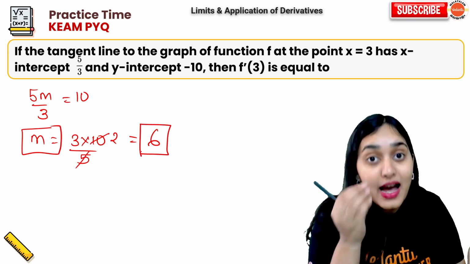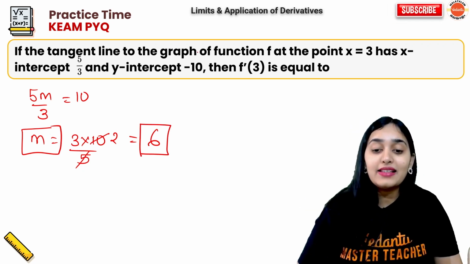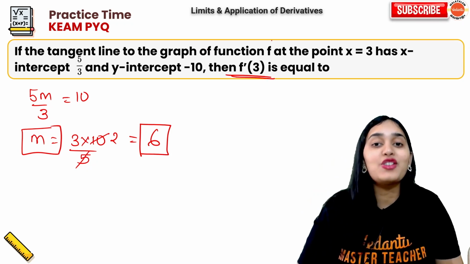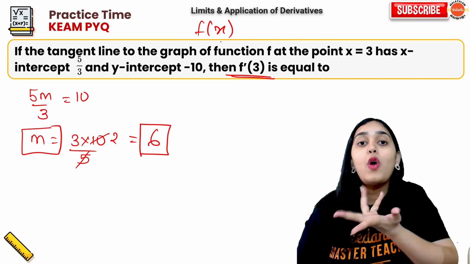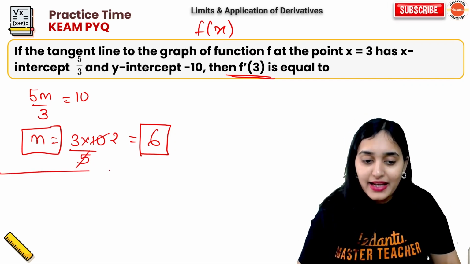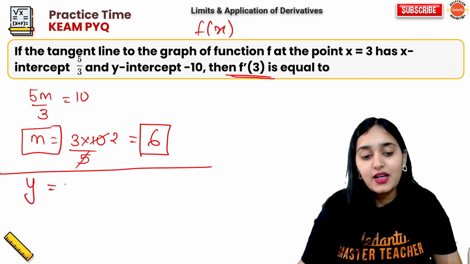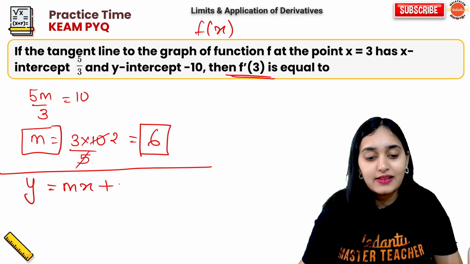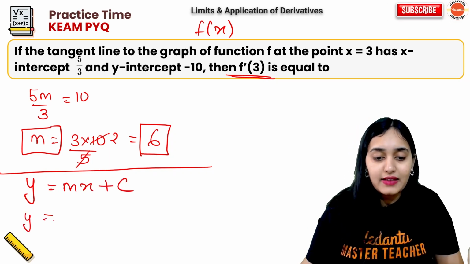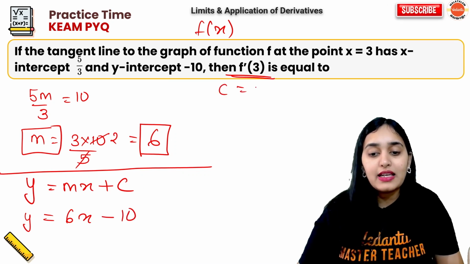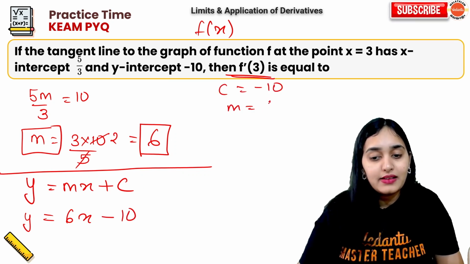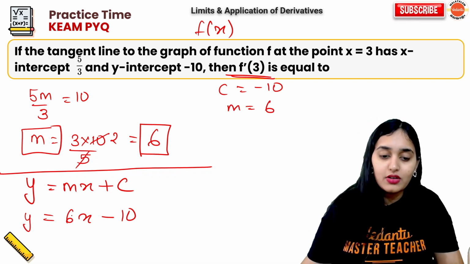But is that your answer? No. They are asking what is f dash of 3. So, first we need to find what is fx. What is my curve? My curve is y is equal to mx plus c. Y is equal to 6x minus 10 because c is minus 10, m is 6. We have just now found out the value.